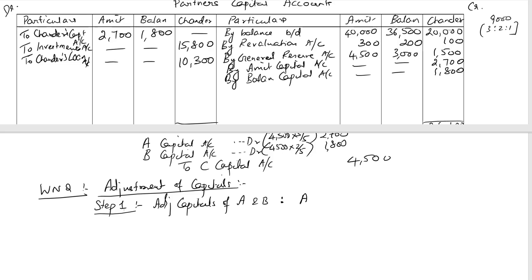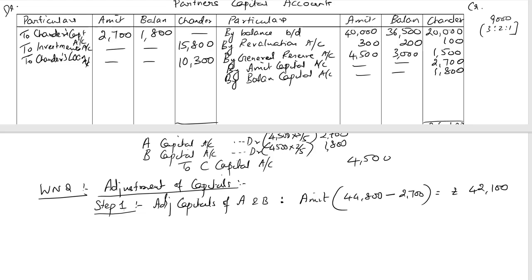In the case of Amit, the adjusted capital is credit side total 44,800 rupees minus the debit side total 2,700 rupees. This is equal to rupees 42,100.